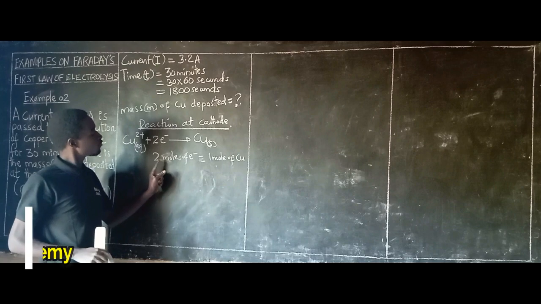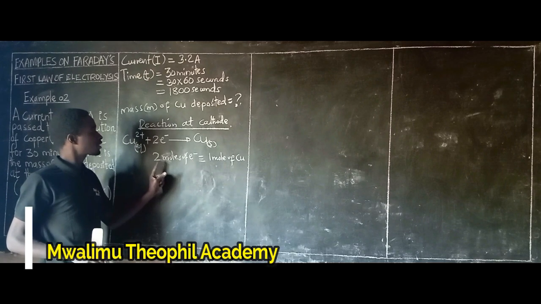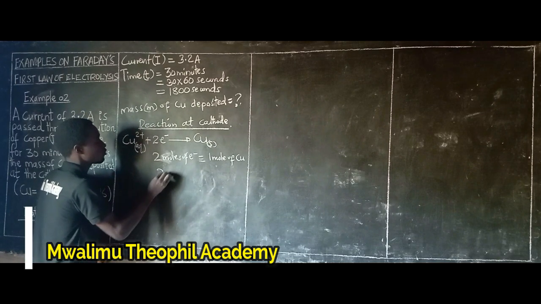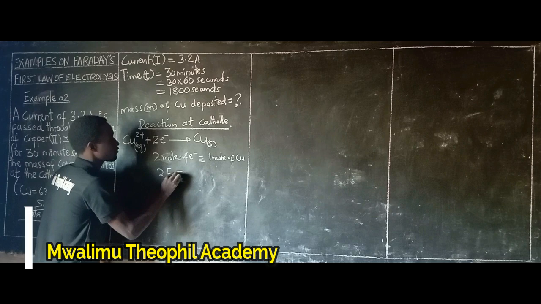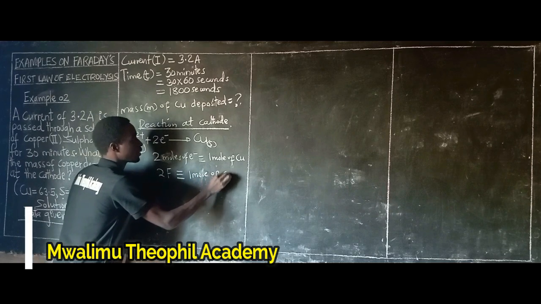So instead of writing 2 moles of electrons, we can also write 2 Faradays. Now we say 2 Faradays are equivalent to 1 mole of copper.